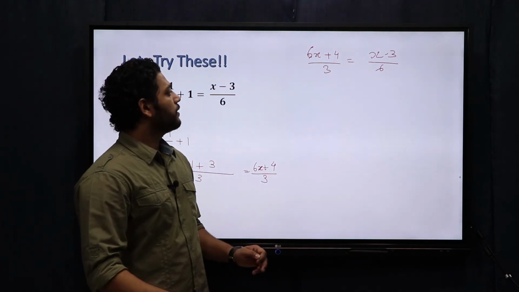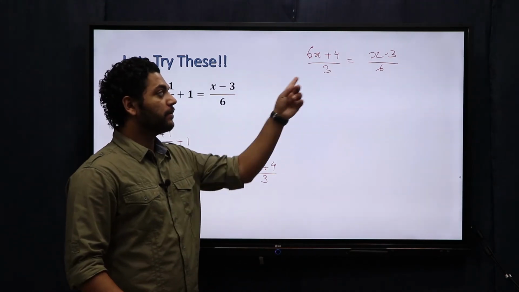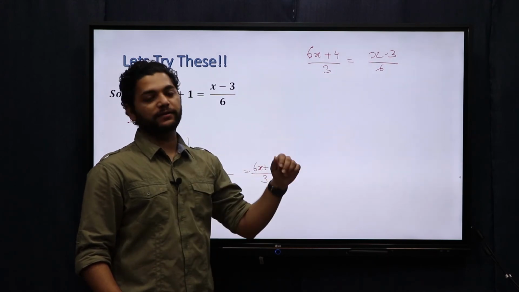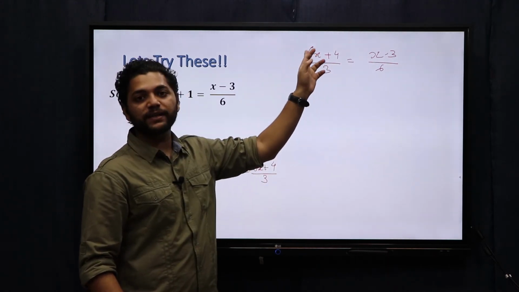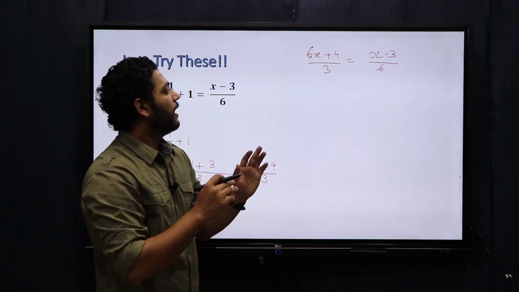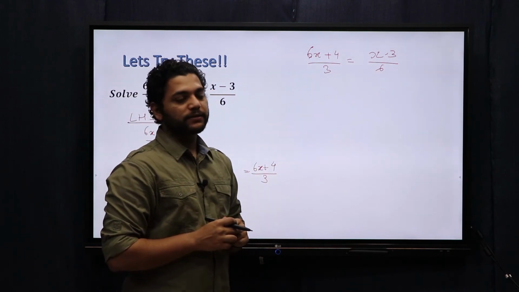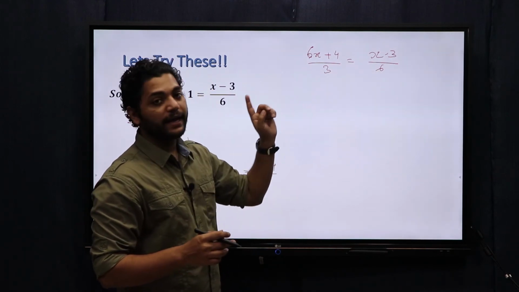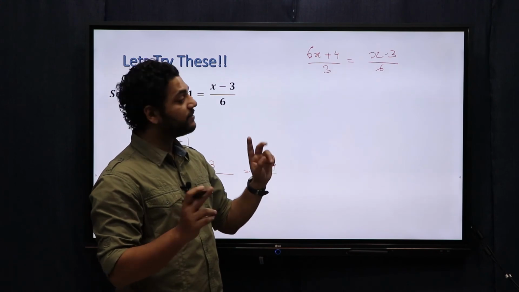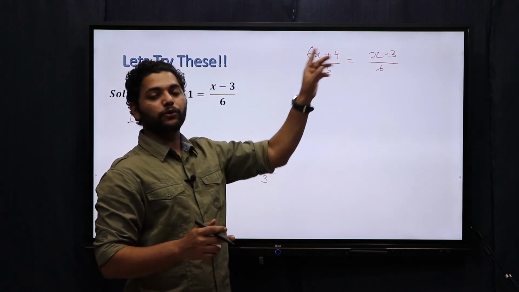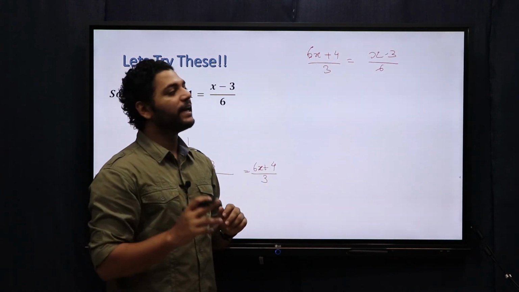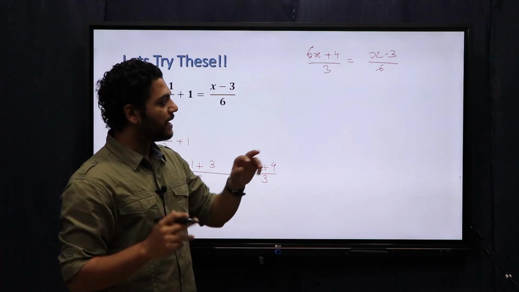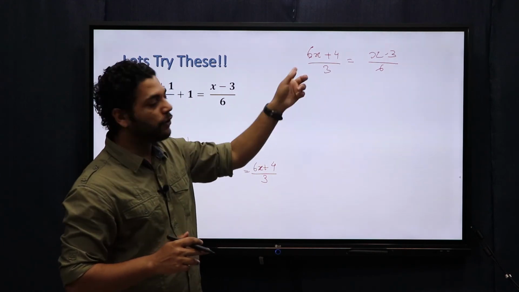Now there are two ways to avoid these two denominators here, because it is having a coefficient with the variable. How can I avoid the denominators? There are two methods. Either I multiply the LCM of both these two on both the sides. Why have I taken the LCM? Just imagine if I had multiplied only 3 on both the sides.